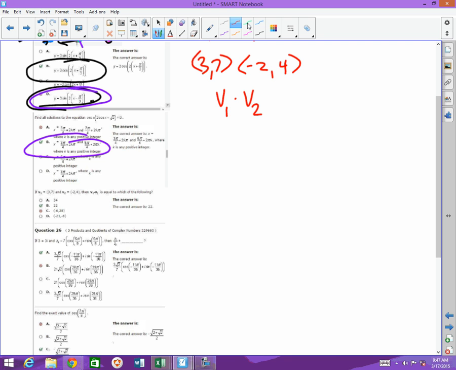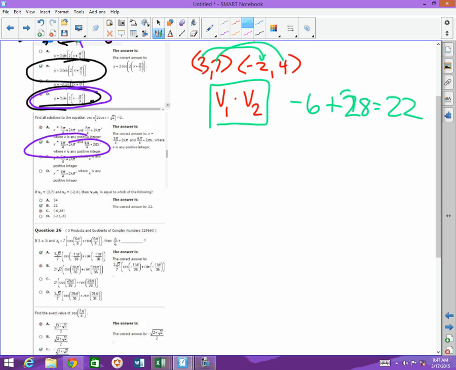And so when you do that, you take 3 times the negative 2 to get a negative 6, and then you add 7 times 4, which is 28, to get 22 for your answer. Because when you multiply vectors, you multiply the x's, you multiply the y's, and then add them together.